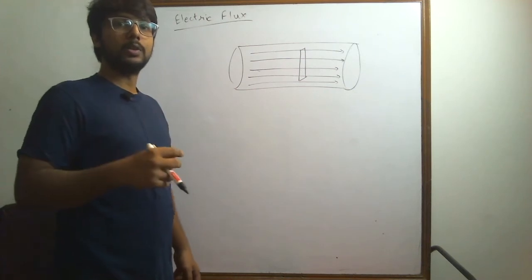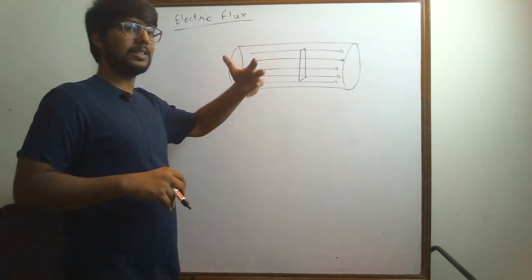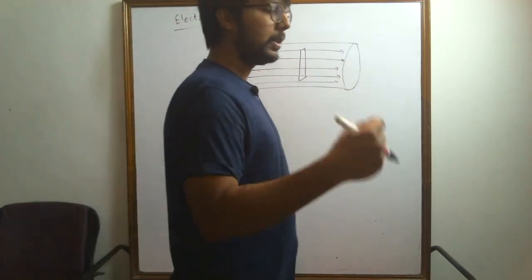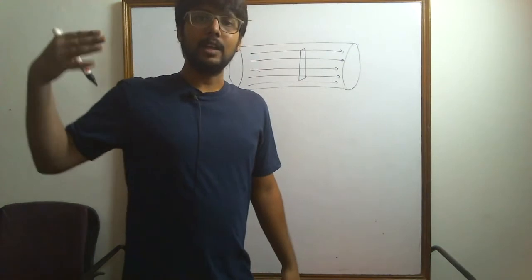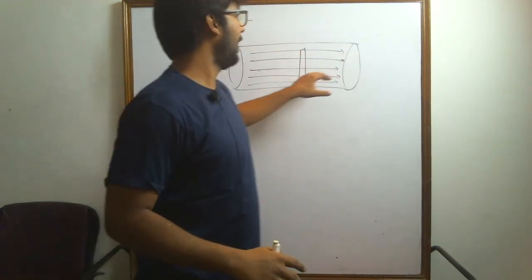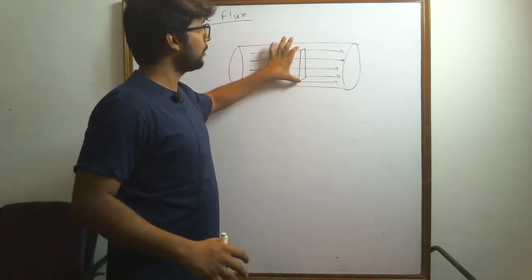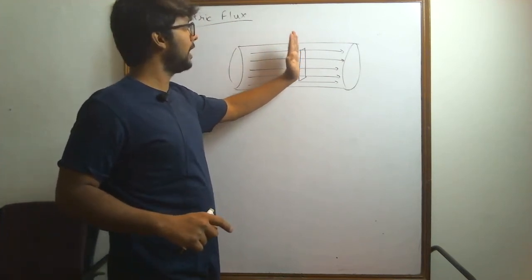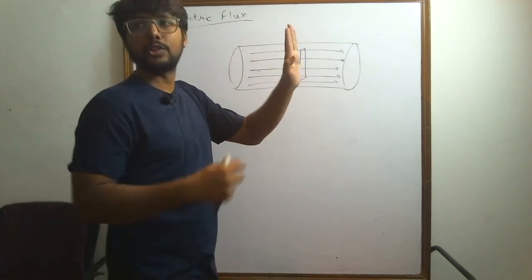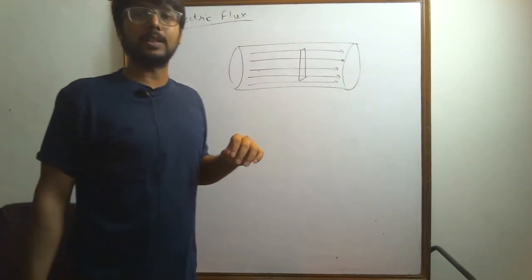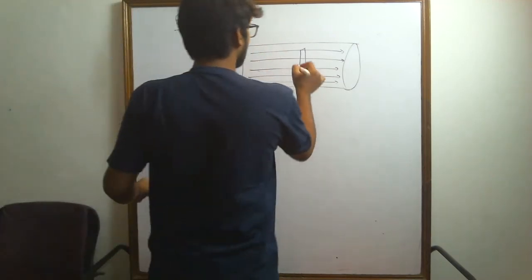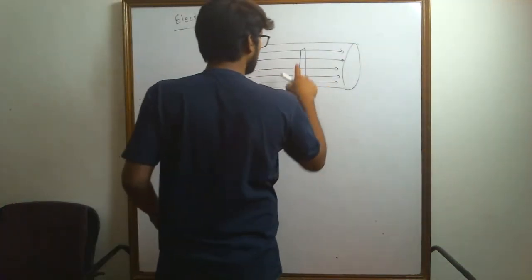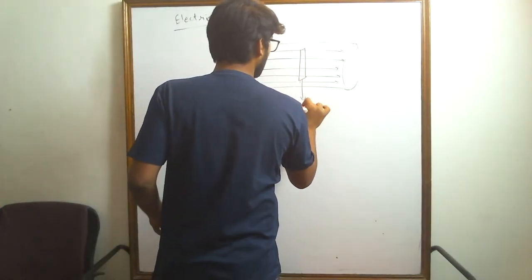In that notion we are using flux, but here what we are imagining, this is what visualization is about, because we can't really see it and it does not really happen, but we are visualizing that electric field is passing through this cylinder, and I have cut a small square shape in the middle, and then I want to figure out how much fluid is passing through this square shape. That means, how will I figure it out? I will need to figure out how much fluid is passing through this square shape. I will of course need the area.